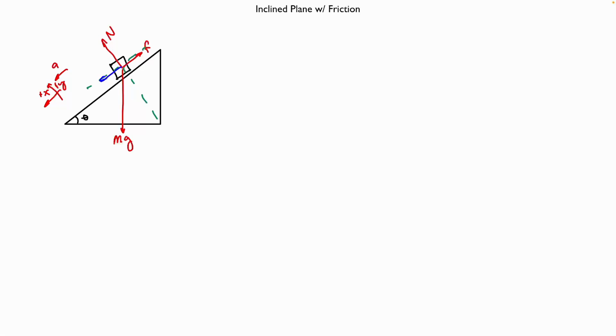The force of friction is the force in the plane of the surface of contact. So the surface actually gives two forces now. It gives normal and friction. And then we've got this one. And so we're going to have mg sine theta and mg cosine theta. And away we go, right? All we've done is add one force. That's it. One force, right?